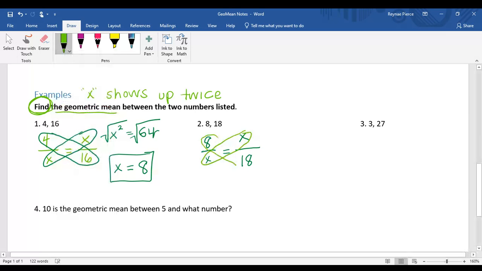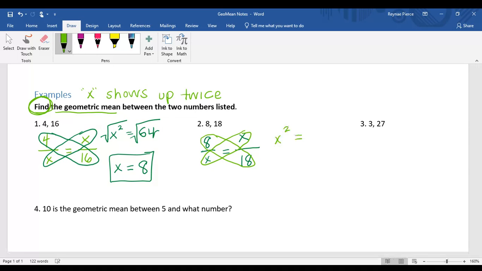We cross multiply. x times x is x squared. 8 times 18 is 144. And we find the square root of both sides, which means x is 12. So 12 is the geometric mean between 8 and 18.